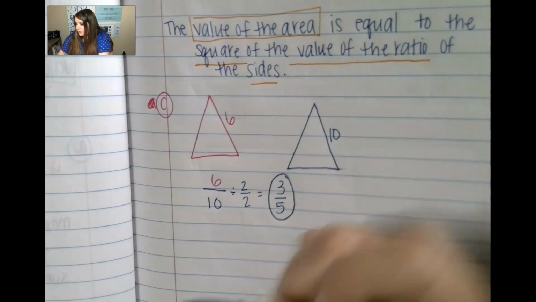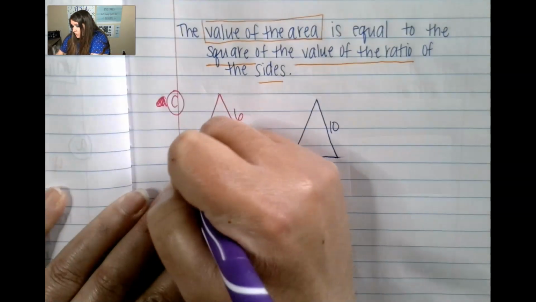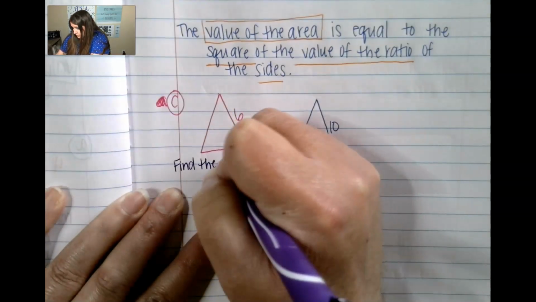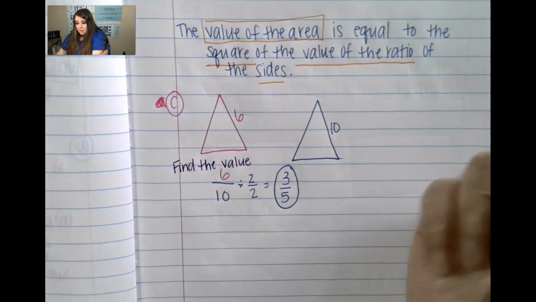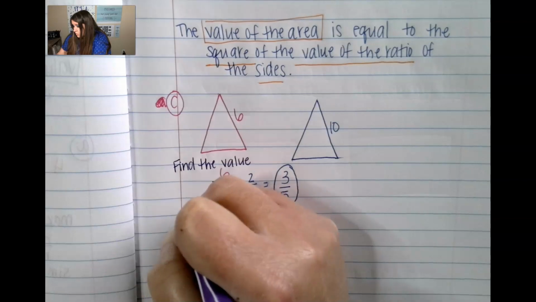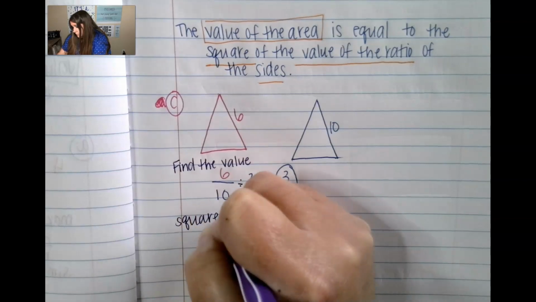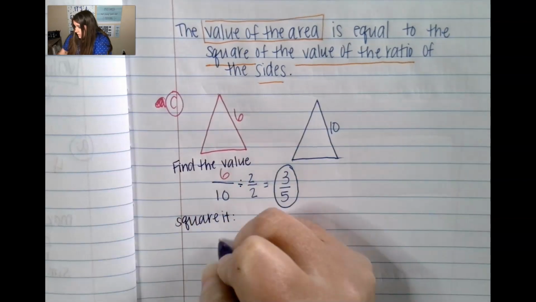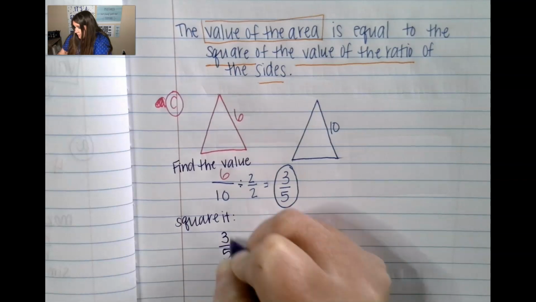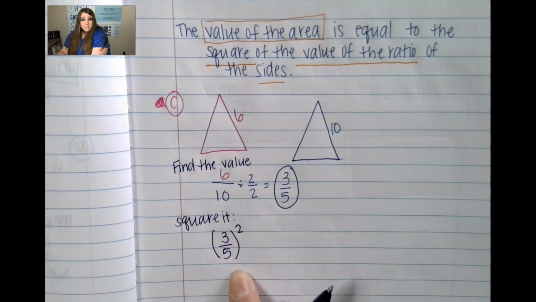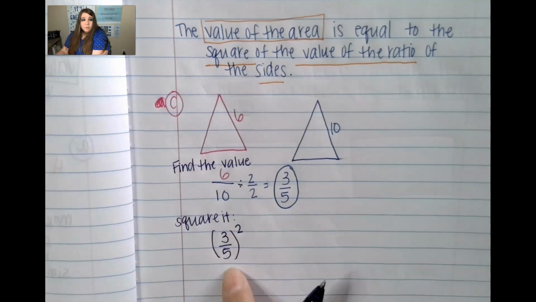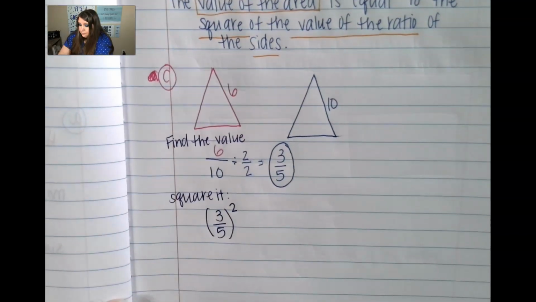So step 1, find the value of the ratio. Simplify it, and then we're going to square it. So we're going to take 3 over 5, and remember to put it in those parentheses like we did before so that you're squaring both the top and the bottom.